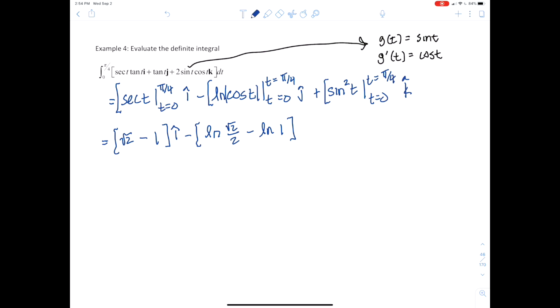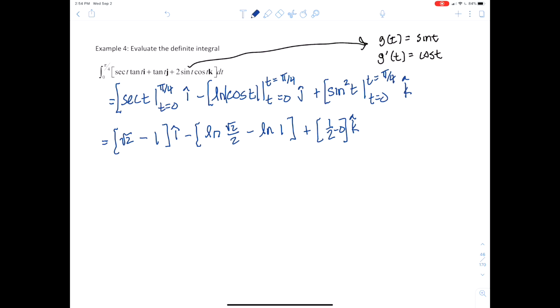And then lastly, sine squared t. When t is pi over 4, sine is 1 over root 2, so you'd end up with a half, and then minus 0, times k.